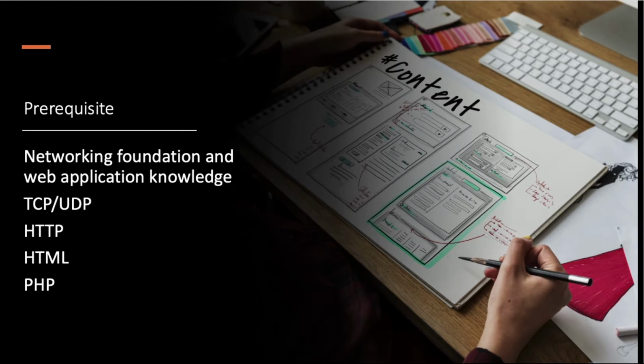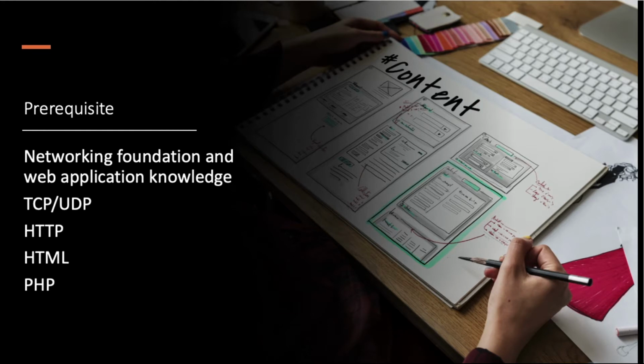To successfully complete the eJPT certification, you need to have network foundation and web application knowledge. When it comes to network foundation, you need to know how IP addresses work, how network ports work, and what the port numbers are for certain services. What is the port for FTP, what is the port for SSH, how HTTP works, what is TCP, and what is UDP.